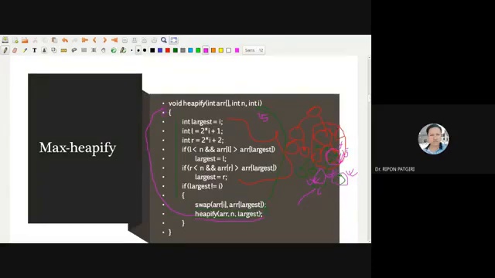The termination condition is that if it is no longer required, that means largest remains as I. Say, largest is I, that means largest not equal to I is not true, then it will exit.